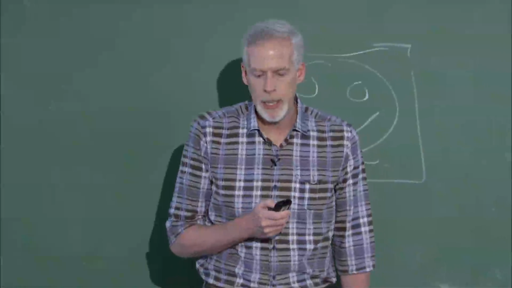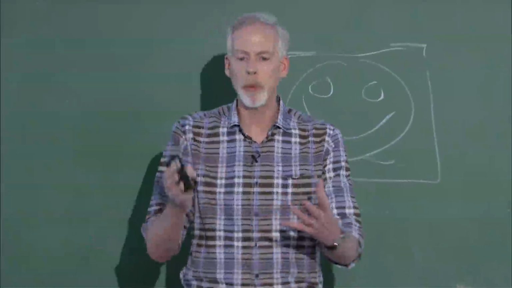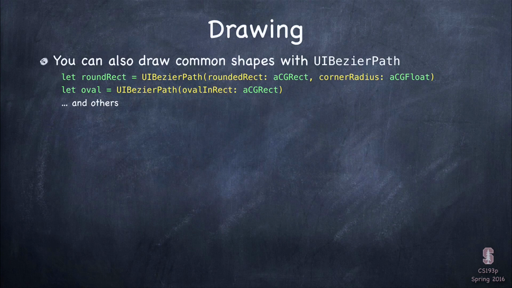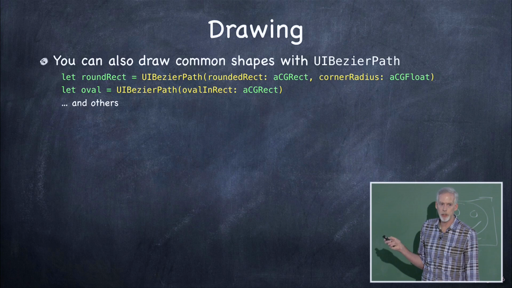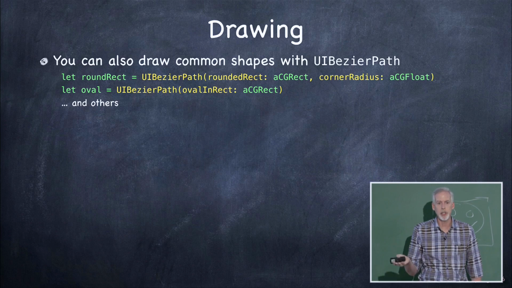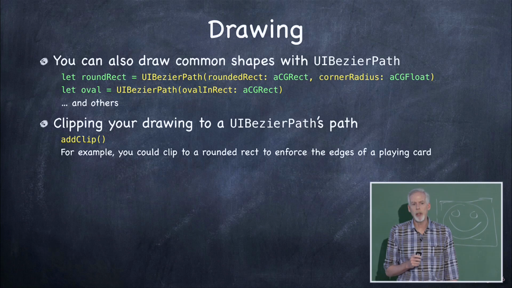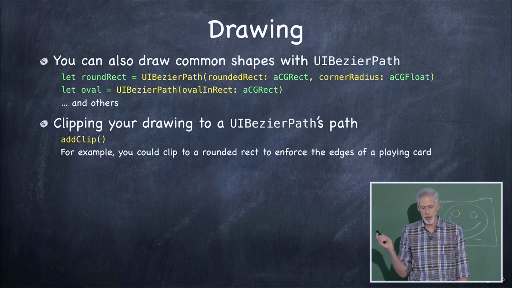All right. Now, you can use UIBezierPath to draw more complicated things like rounded rects and circles and things like that, especially by using a lot of the initializers of UIBezierPath, but there's also methods there. So you're going to have to study UIBezierPath and see what it can do. Okay? It can do quite a lot. Another interesting thing about UIBezierPath is you can set it as a clipping path.